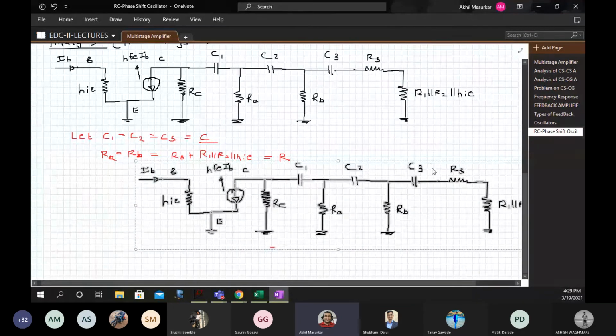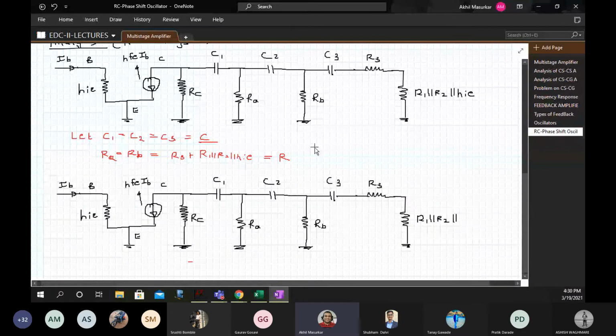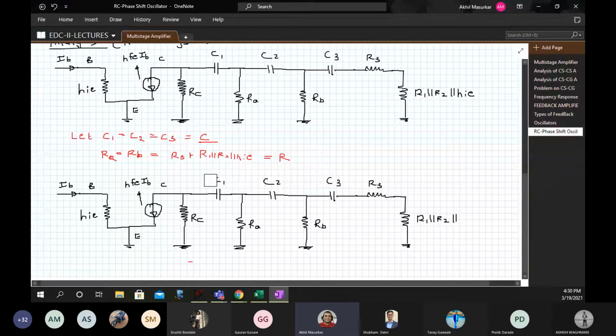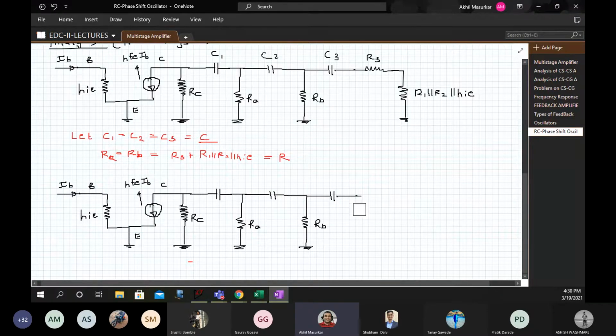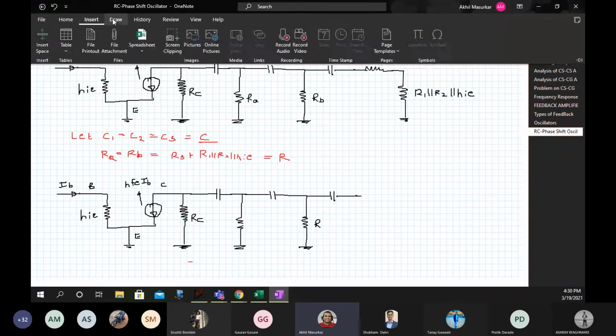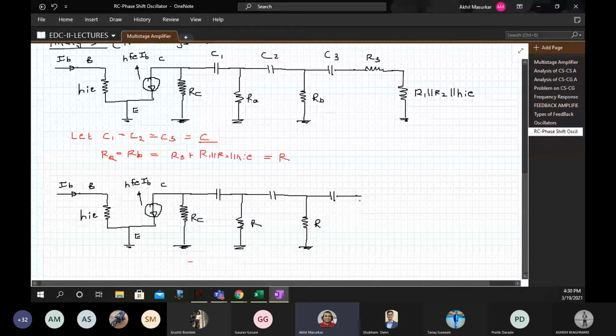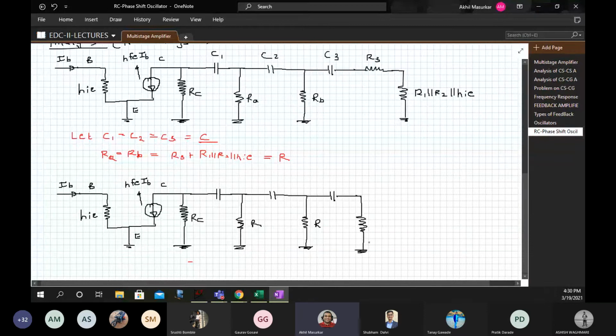Here we have this like this, and if we apply these, instead of C1, C2, C3 and all this, we can have this R. So this is the collector, emitter, and this.